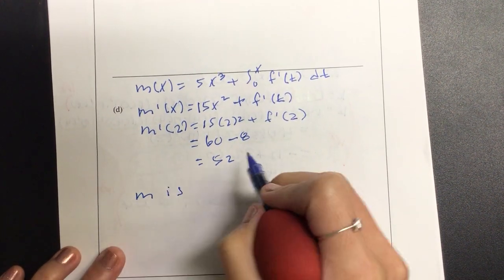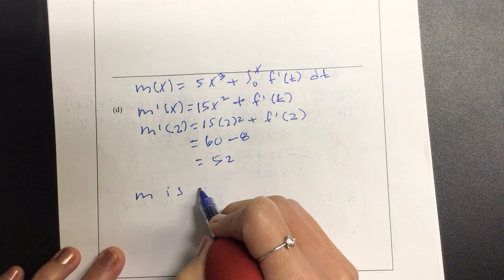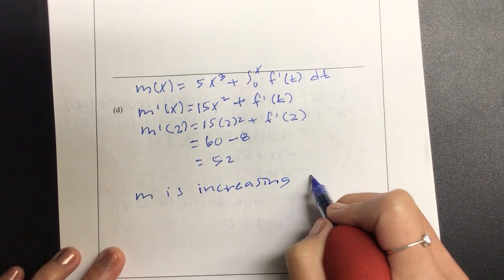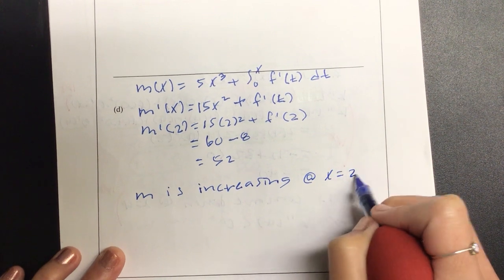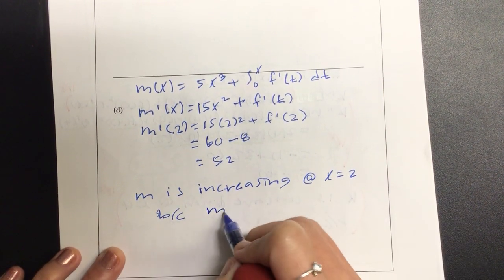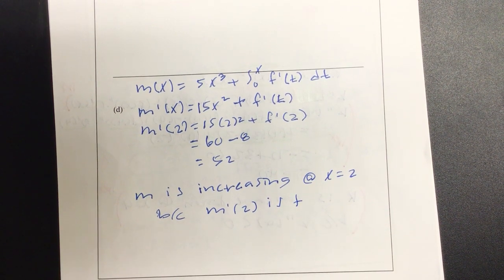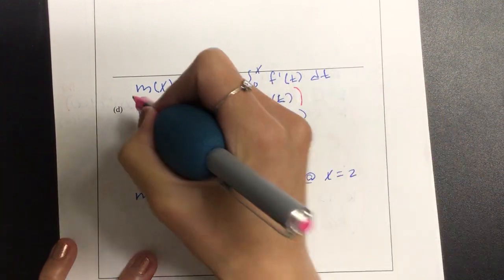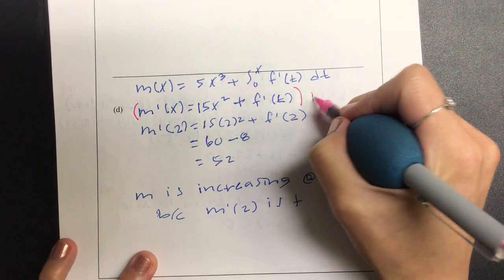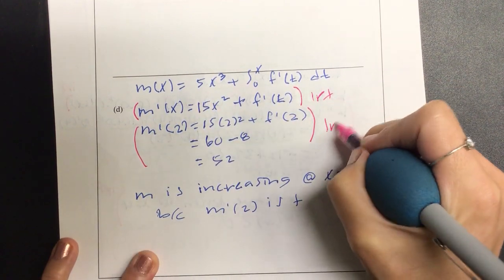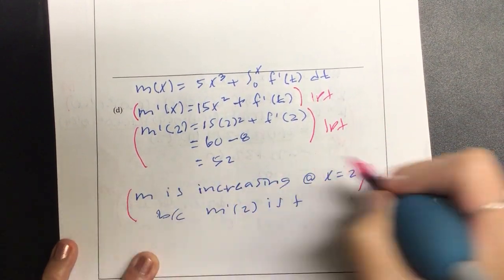M is, so this is positive, right? Increasing at x equals 2 because m prime of 2 is positive. So our point breakdown, knowing how to derive, is going to be 1 point. Finding the positive value is another point. And our justification, last point.